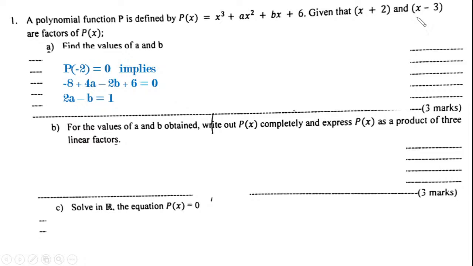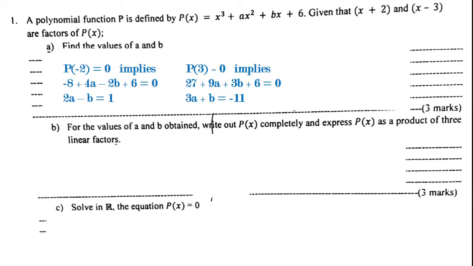Now for the second factor, we equally know that p of 3 should be equal to 0. So p of 3 equals 0 implies 27, substituting 3 here, we have 3 cubed, which is 27, plus a into 3 squared, which is 9a, plus 3b plus 6, equal to 0. This gives another equation, 3a plus b equals minus 11.